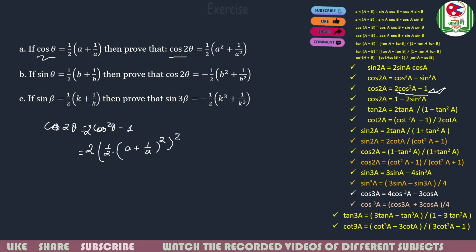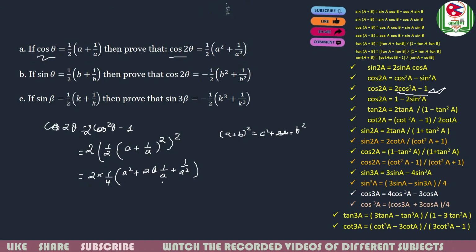The whole square is going to give 4. So we can write 2 into 1 by 4 into a plus 1 by a whole square, so it is going to be a square plus 2 into a into 1 by a plus 1 by a square. How is it obtained? Just use the formula: a plus b whole square is a square plus 2ab plus b square.